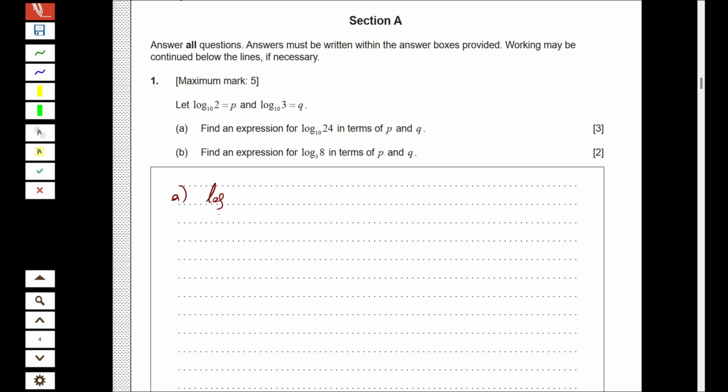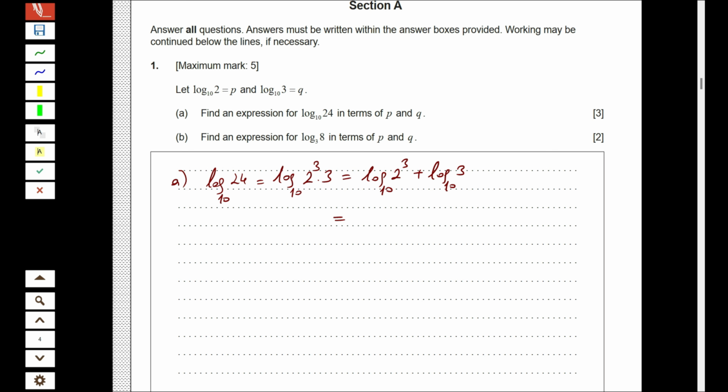First, let's check log base 10 of 24. If you factorize 24, you will see that it is 2 to the power of 3 times 3. From the attribute of the logarithm, you can write log base 10 of 2 to the power of 3 plus log base 10 of 3.